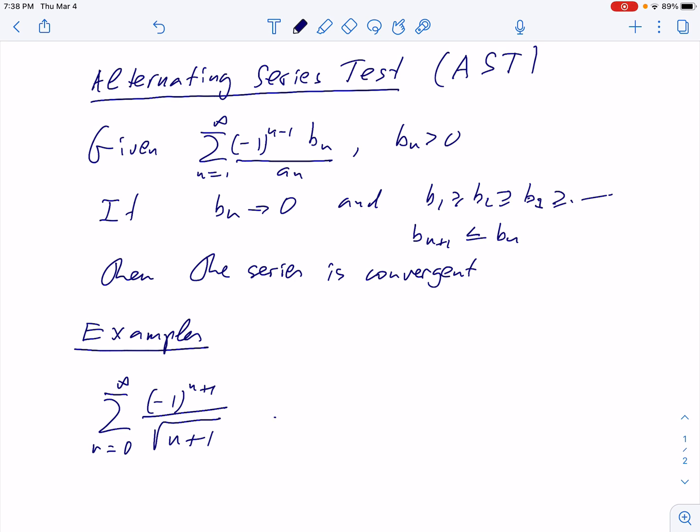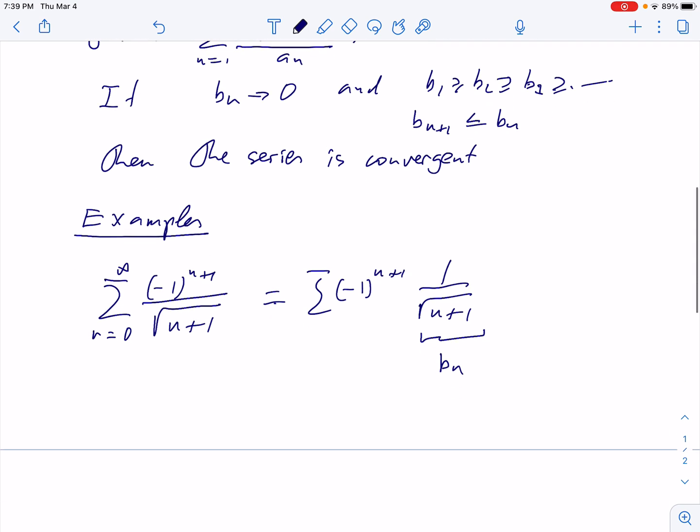So we can distinguish here, we can write the alternating factor like that, 1 over root n+1. So here we have the alternating factor, and these numbers here are b sub n, the positive part of the general term. Let's write explicitly b sub n is 1 over root n+1.